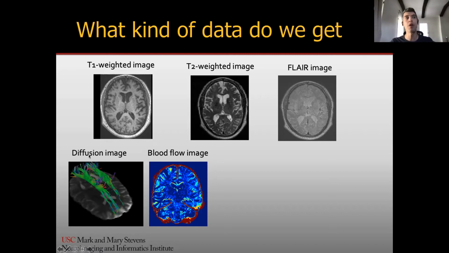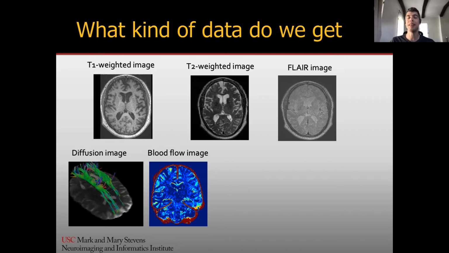We call these diffusion images, just because we utilize the diffusion of the water in the brain to extract these images. And we can get images like this, wherein these tracts, which here have different colors based on their orientation, allow us to see the fidelity of the actual fibers between the different parts of the brain. And again, that's just one.